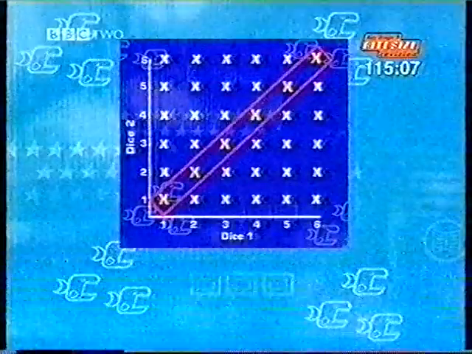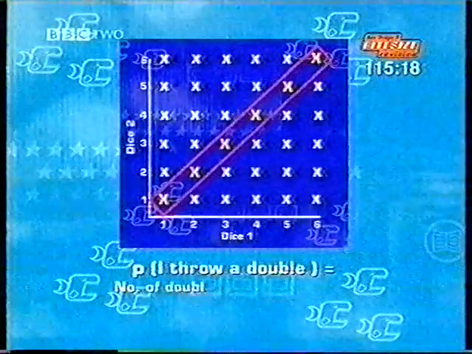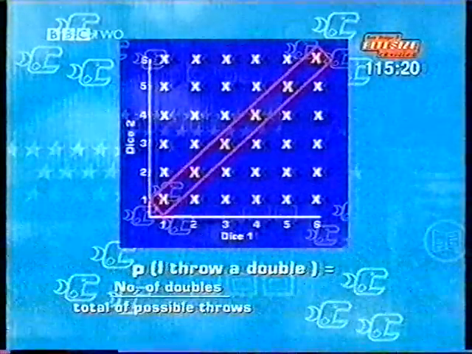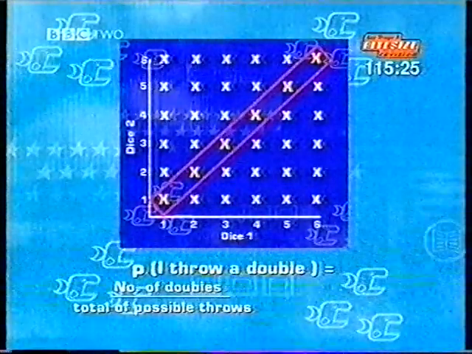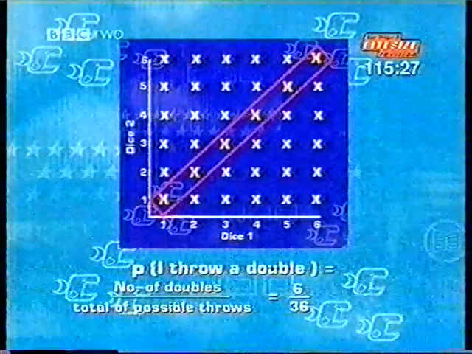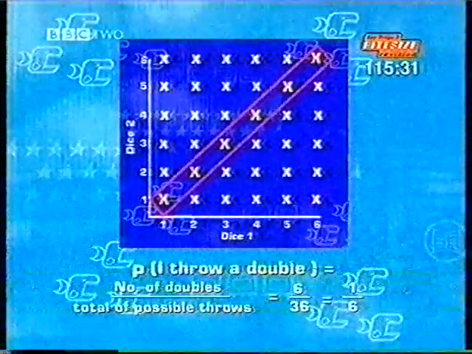That's 6 favourable outcomes out of a total of 36 possible outcomes. So the probability of throwing any double is the number of doubles, 6, divided by the total number of possible throws, 36. 6 divided by 36 simplifies to become 1 divided by 6. That's 1/6.